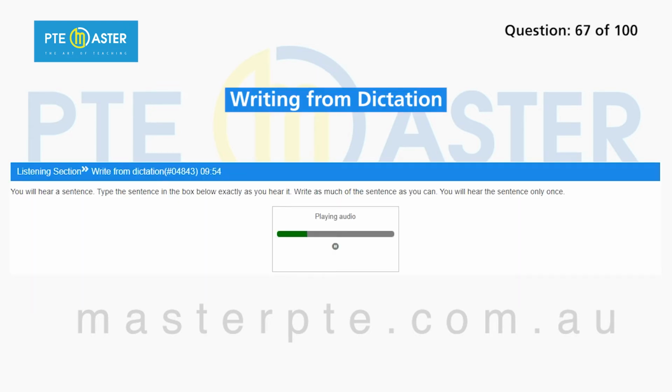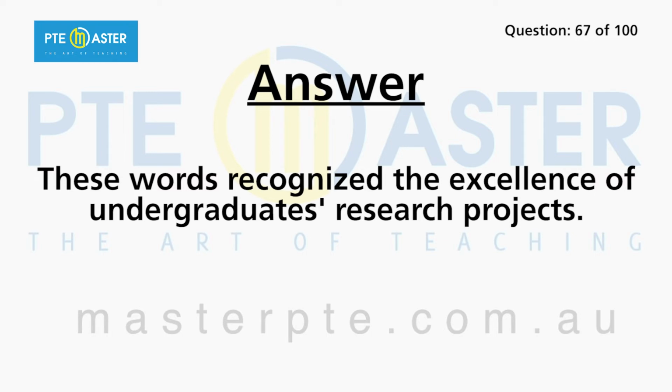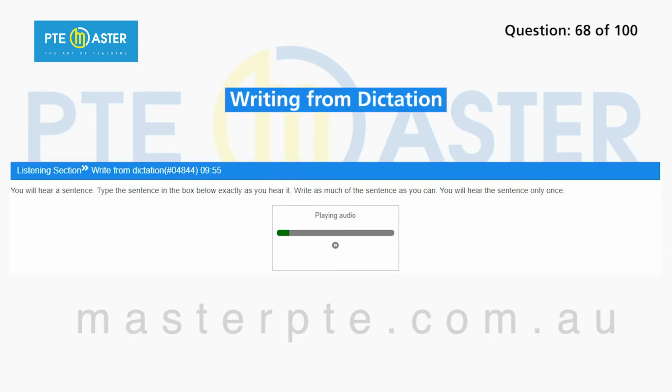These words recognize the excellence of undergraduates' research projects. The media plays a significant role in shaping public opinion.